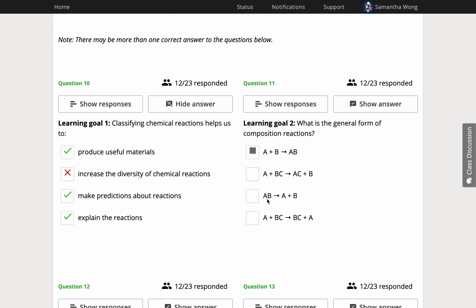Could it be AB gives you A plus B? Also no, that is a decomposition reaction. And this last one here, A plus BC gives you BC plus A. Well, that's also an example of a single displacement reaction, so that cannot be the case. As such, the only viable option is A. A plus B gives you AB.